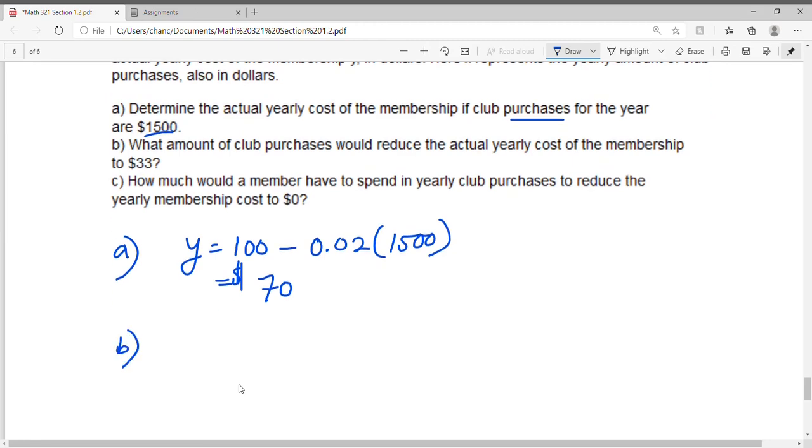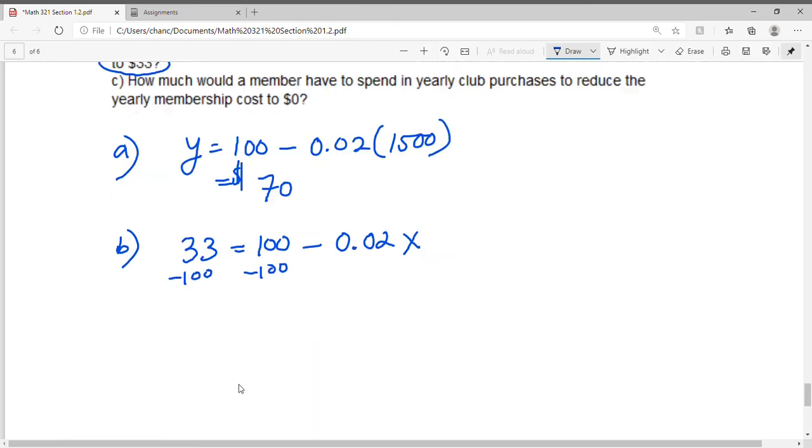Let's look at part B. What amount of club purchases would reduce the actual yearly cost of the membership to $33? So in this case, instead of plugging in 33 for x, we're plugging in 33 for y. So we have 33 equals 100 minus 0.02 times x. Now let's solve for x. We'll subtract 100 from both sides. I get negative 67 equals negative 0.02x.